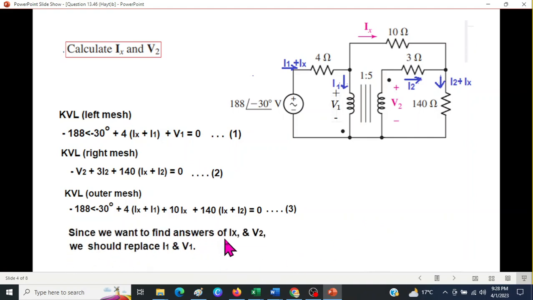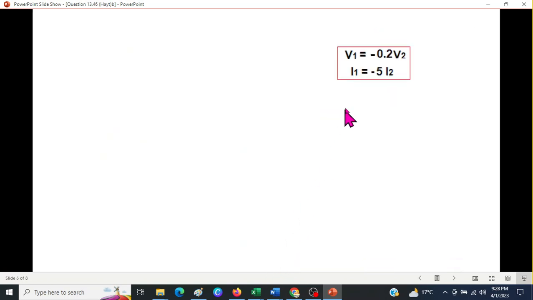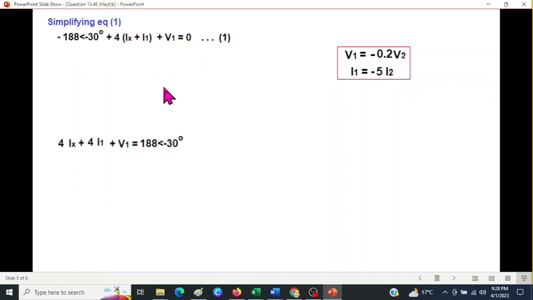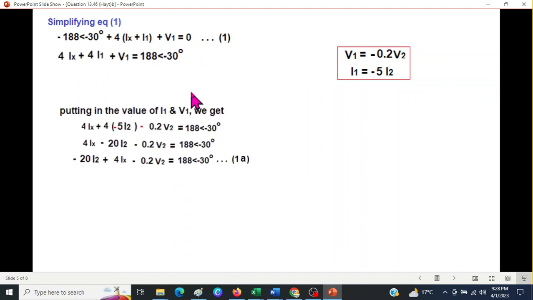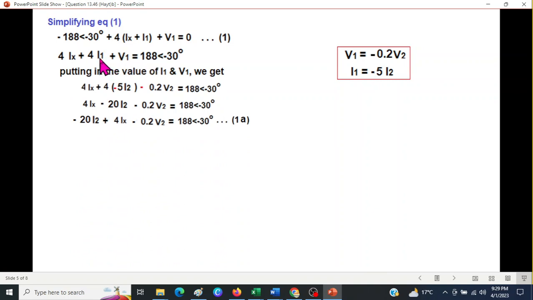Since we want to find the answers for Ix and V2, we should get rid of I1 and V1. So we'll use the equivalents that we found to replace I1 and V1. First equation was this. We first open and regroup the terms, and then we put in the value of I1 and also replace V1 with minus 0.2 V2. Rearranging, this is our final equation, 1a.